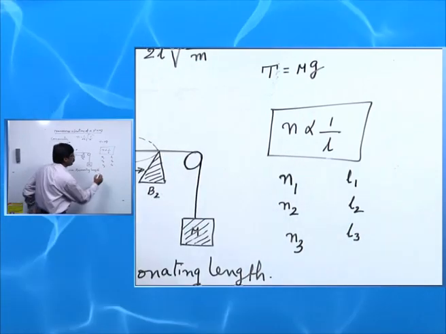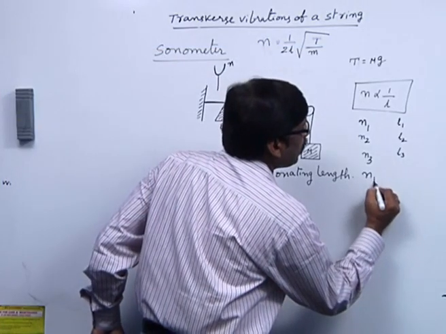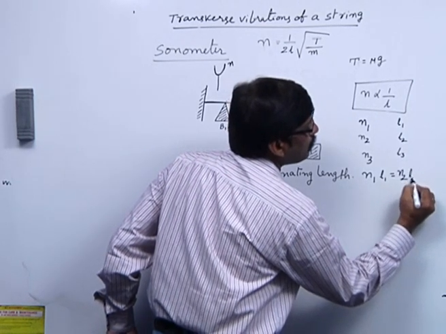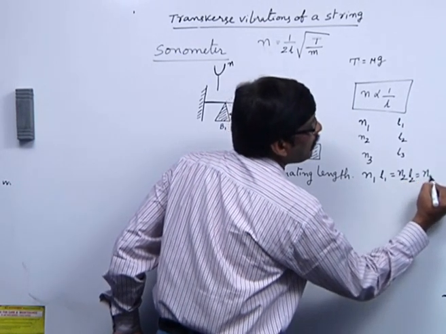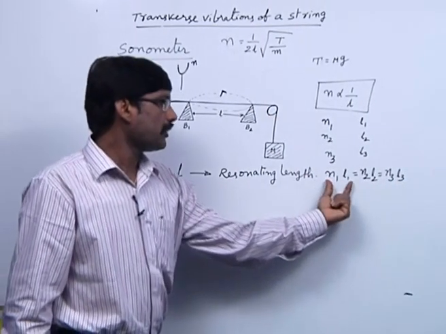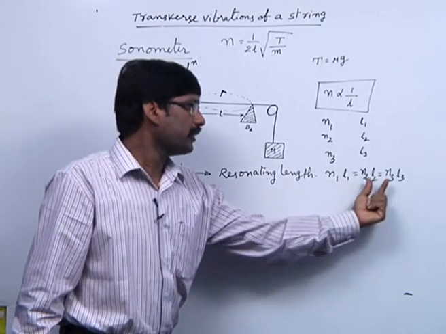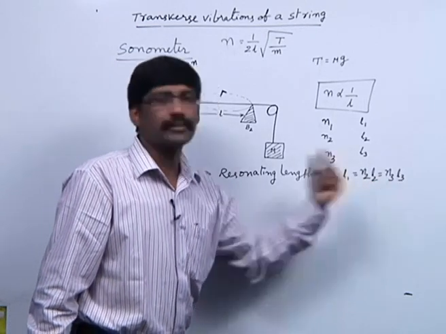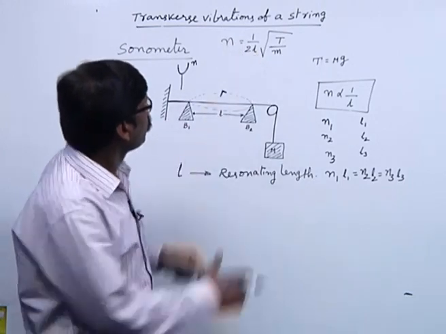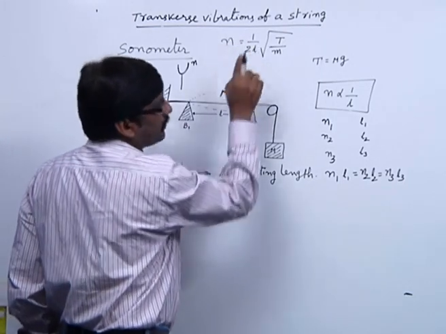From this, we can prove that N1 L1 is equal to N2 L2 is equal to N3 L3. So, we can prove the first law of vibrating string.